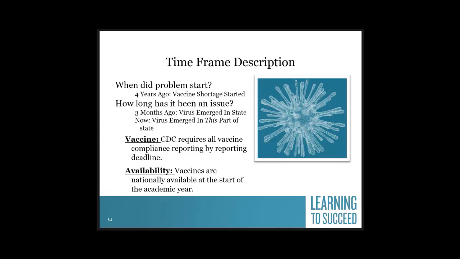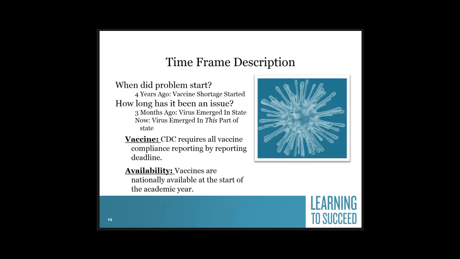I mentioned before that there was previously a vaccine shortage. To give you a timeline for that, it first became an issue about 4 years ago. Additionally, the virus emerged in your state about 3 months ago and has since affected your area of the state specifically.